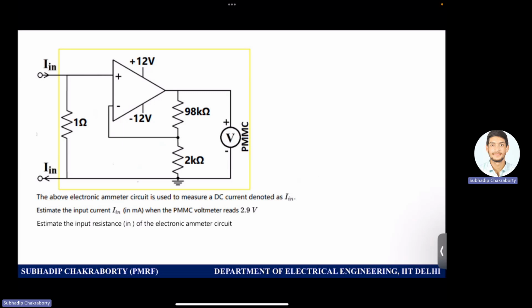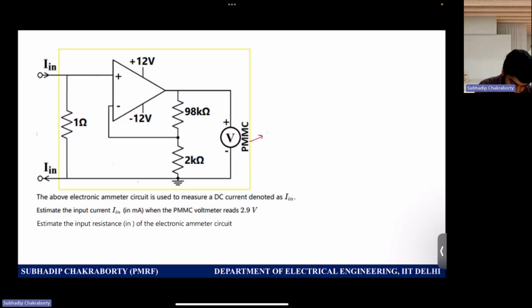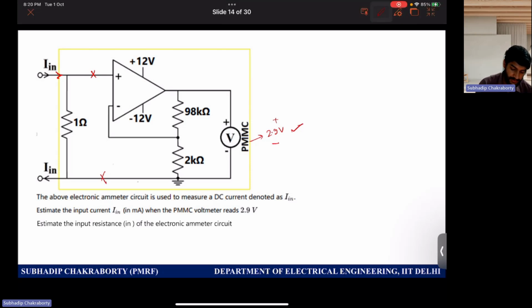It is given that the PMMC voltage is 2.9 volts. This is already given in the problem. Now they are asking you to estimate the input current, which is this one. So this part will not receive any current because this part is interfaced to the other part of the circuit. The input of the op-amp will not receive any current because the input impedance is infinite.